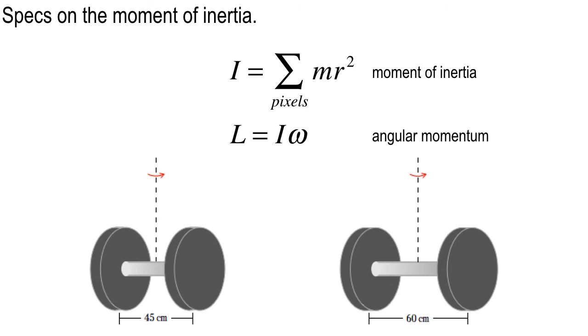This formula for angular momentum helps you understand all of those YouTube videos that we looked at. All of them. Any questions about these formulas before we continue onwards? We've got a few more things to talk about.